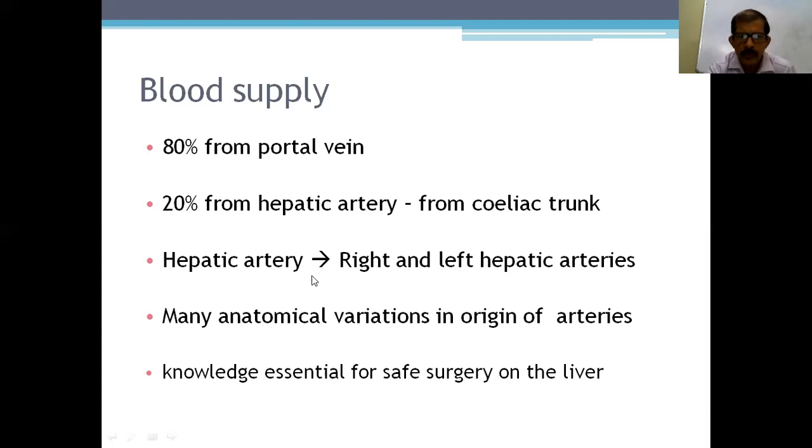There are, of course, many anatomical variations in arteries. Why it is important to know about the anatomical variation is because we have to do surgery, either resection or transplantation of the liver. So this anatomy is very, very important.